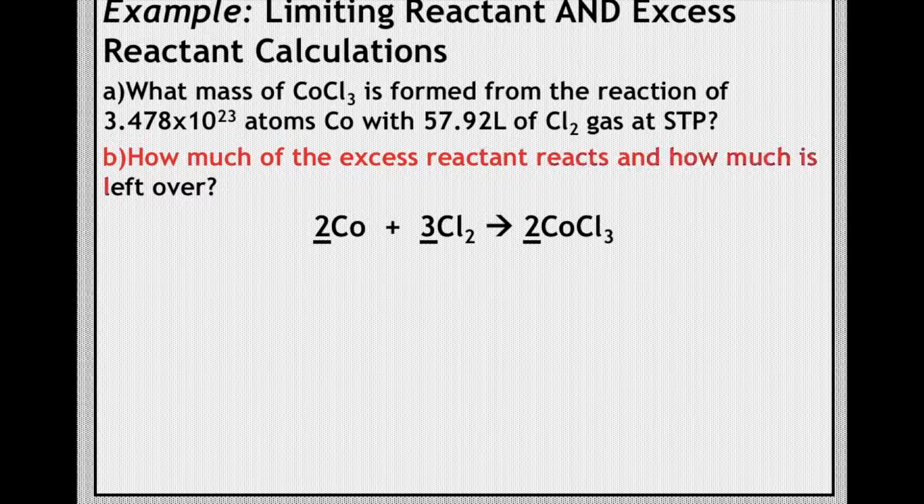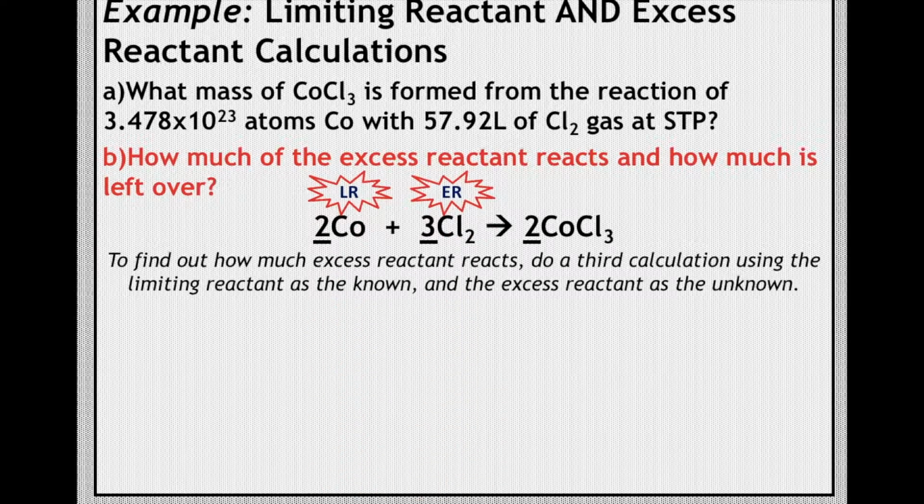So in order to do that, there's another problem we have to do, okay? So we're going to have to do using the limiting reactant as the known and the excess reactant as the unknown. Okay, so the known will be the limiting reactant, which is cobalt, okay, and it gave us this in the problem, and then the excess reactant is the unknown.